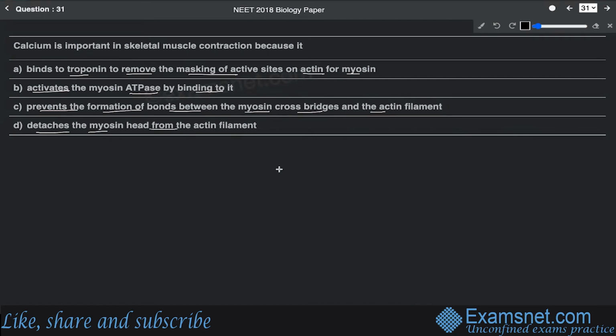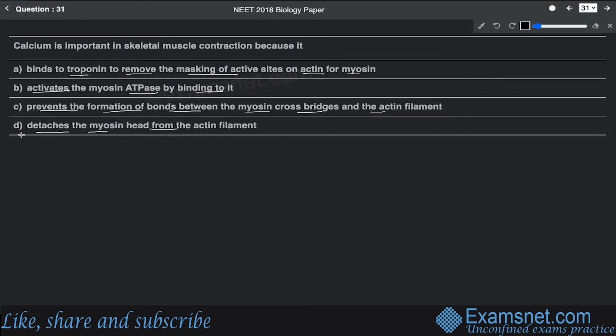This question has been asked from the chapter on locomotion and movement of 11th standard, and it is related to the process of muscular contraction, or how the muscles contract.